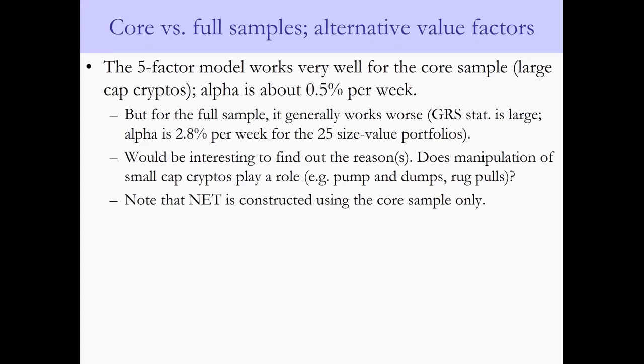One reason might be that the small cap cryptos are more prone to pump and dump schemes or rug pulls, which usually do not happen to large cap cryptos. And also, one observation here is the network factor is constructed for the core sample only. So I guess by construction, this one might work a little less well for the full sample.